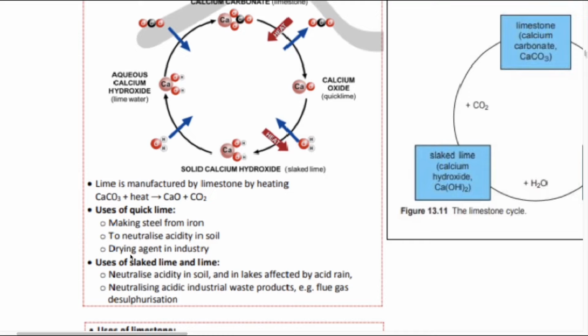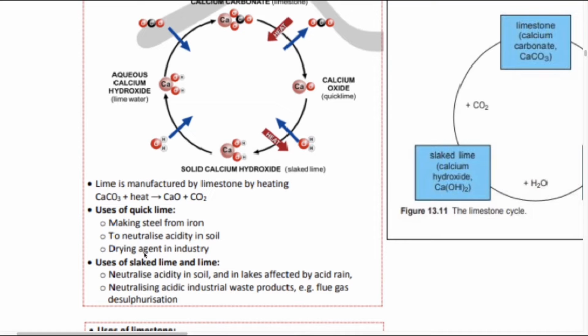Then we have the drying agent in industry, where quicklime tends to absorb water to form calcium hydroxide. Imagine that it absorbs water, then it dries out whatever you plan to dry out. So it works in that way.